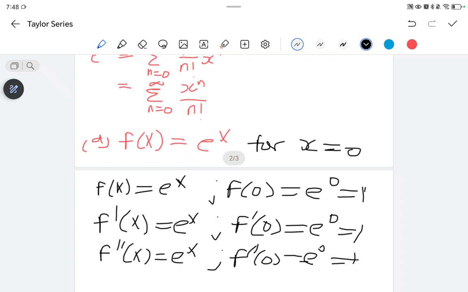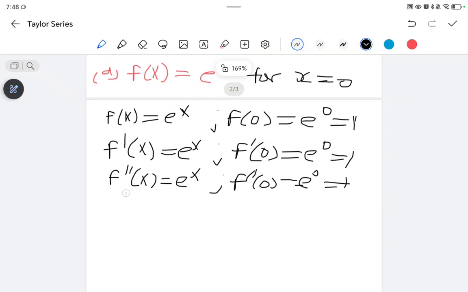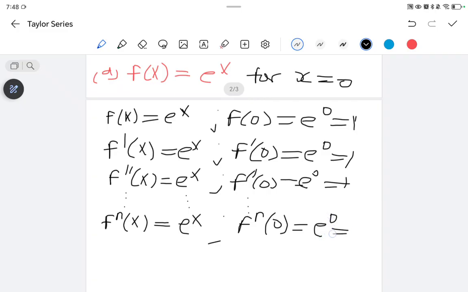We say, right, up until we would move up until n. You see, right, this would remain the same. f of n of 0 would be equal to e to the 0, which is equal to 1.